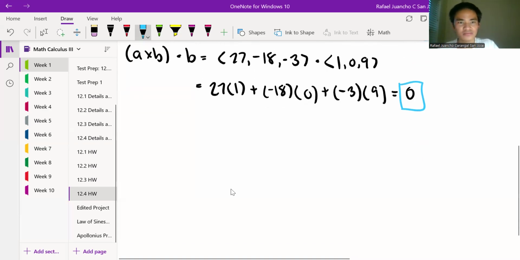Same idea. Number 2. Find the cross product of A and B. Another one of these.